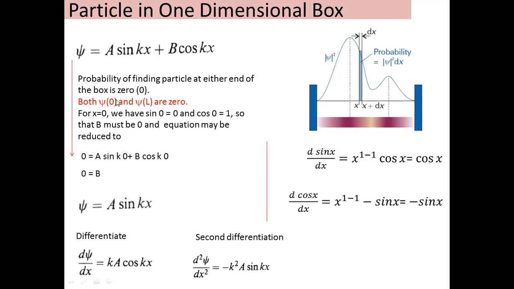By using this, the probability of finding the particle at either end of the box is zero. Just leave whatever is explained over here and look at this dimension of the box. These are the limits of the box, that means the particle is within the box. And what is the probability density?